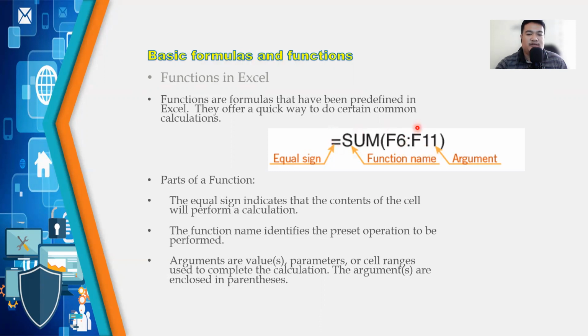So if you try to evaluate this example, equals sum F6 to F11, ibig sabihin nito, lahat daw ng values magmula sa F6 hanggang sa F11 ay kukunin niya yung sum or i-add niya yung mga values na nandun sa range of cells na yon, itong F6 at saka hanggang F11. Okay, so that's the part of the function.